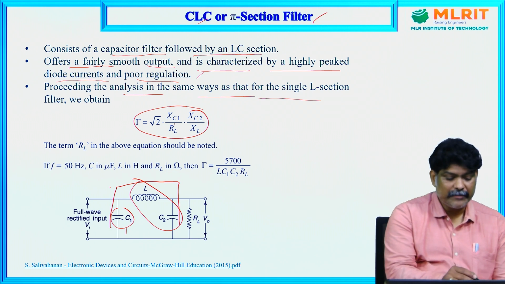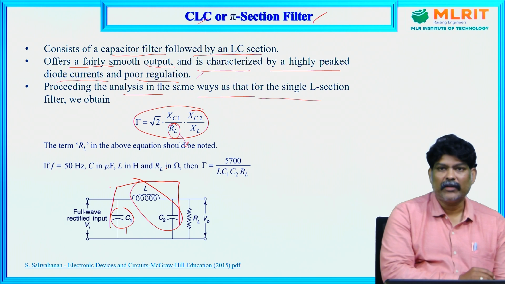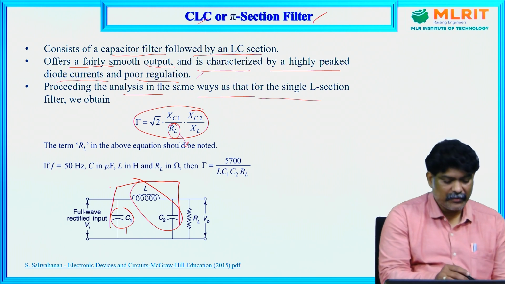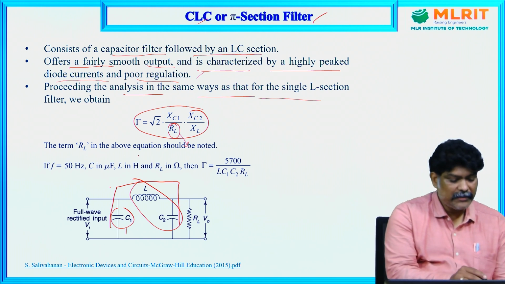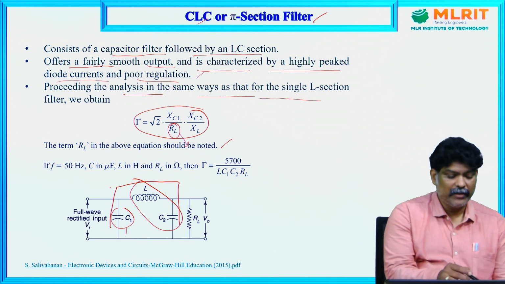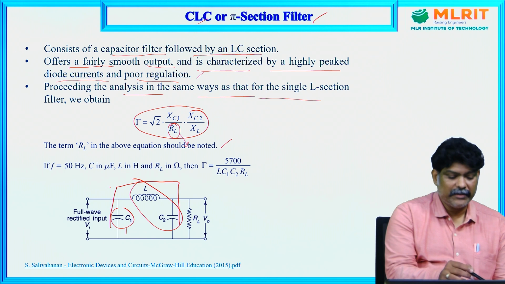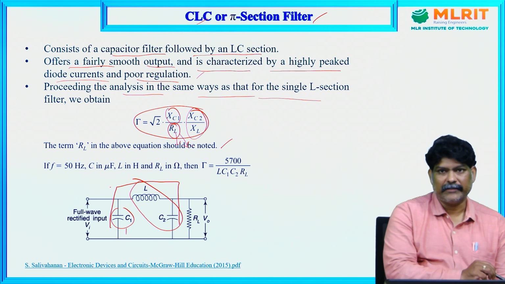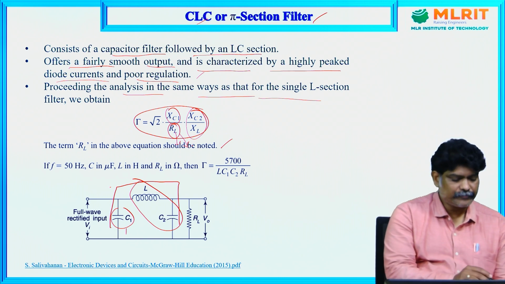Please remember, here we are using the load resistor RL, not XL. The term RL in the above equation should be noted, because in the previous case we used XL. Here there is one combination of capacitor and load resistor, and then capacitor and inductor, CLC.